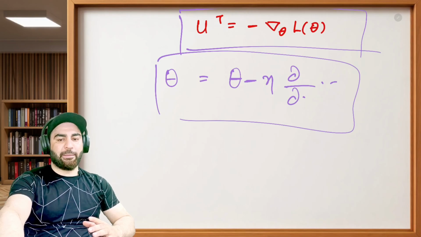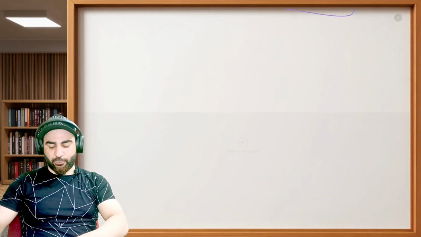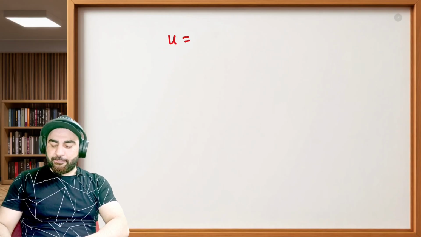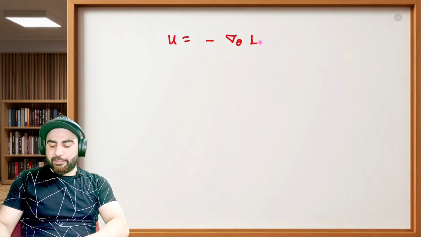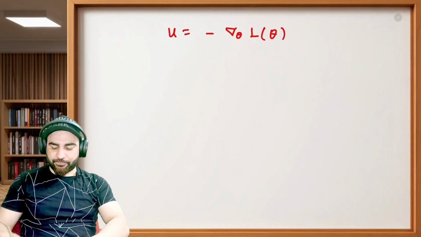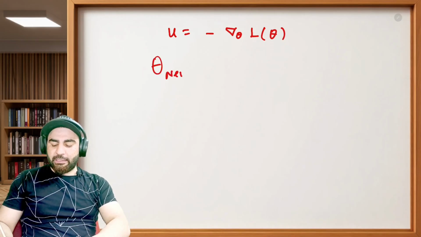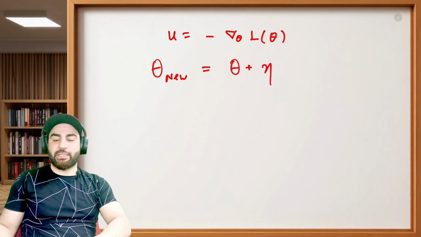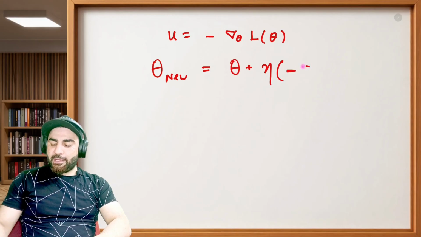Now how to update the parameters? By this equation, u is equal to minus the gradient of the loss function. What is this gradient? It's a vector. So you have to get this theta new. Theta new basically is theta plus eta, the learning rate, times minus delta, basically the gradients.